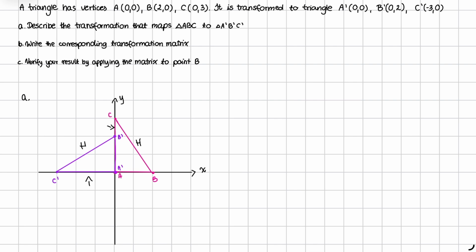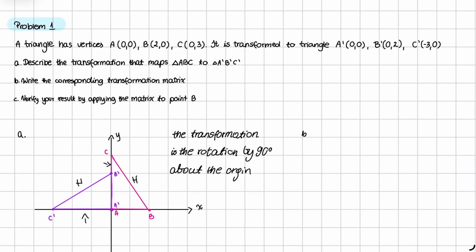So we can observe that our transformation is basically the rotation by 90 degrees anticlockwise about the origin. So this is our transformation.